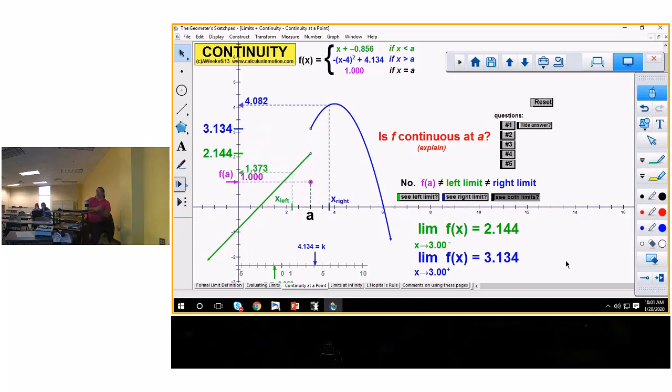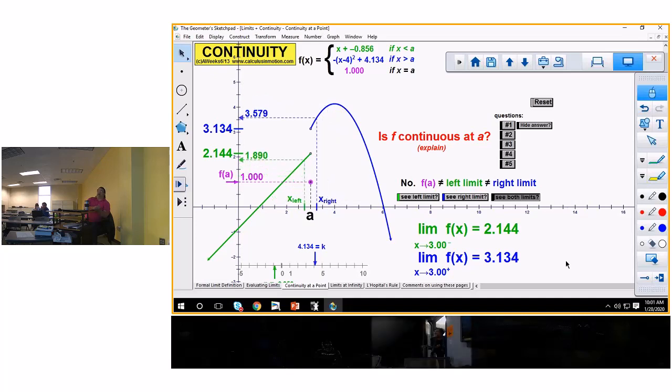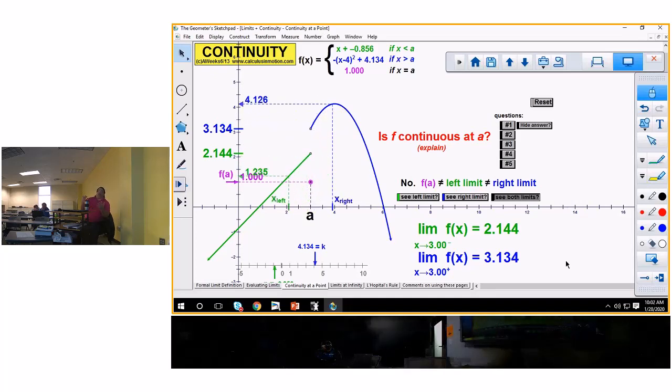They don't equal on the y. The y on the blue is 3.14. The y on the green is 2.14. They're not equal. So you need to write that down. That's all continuous is. You'd be surprised how many people make it difficult.